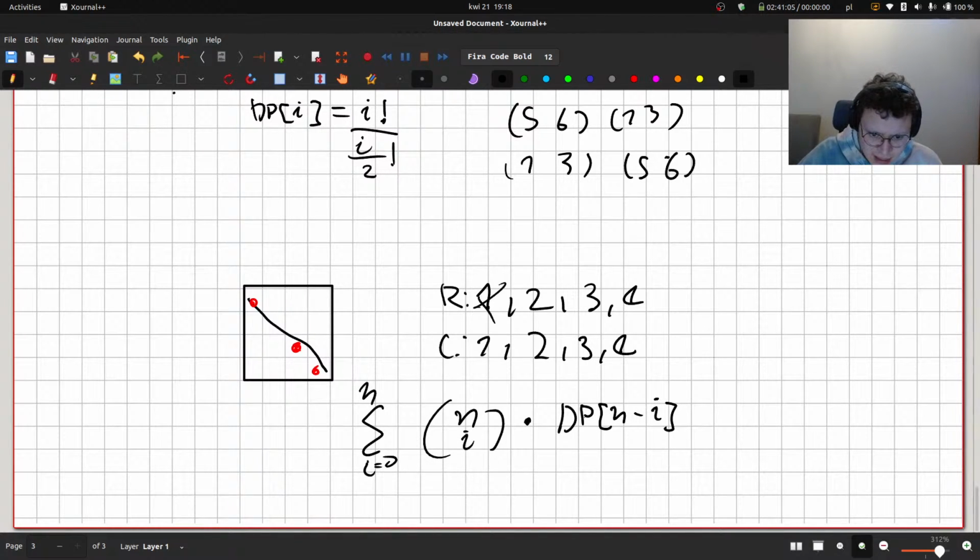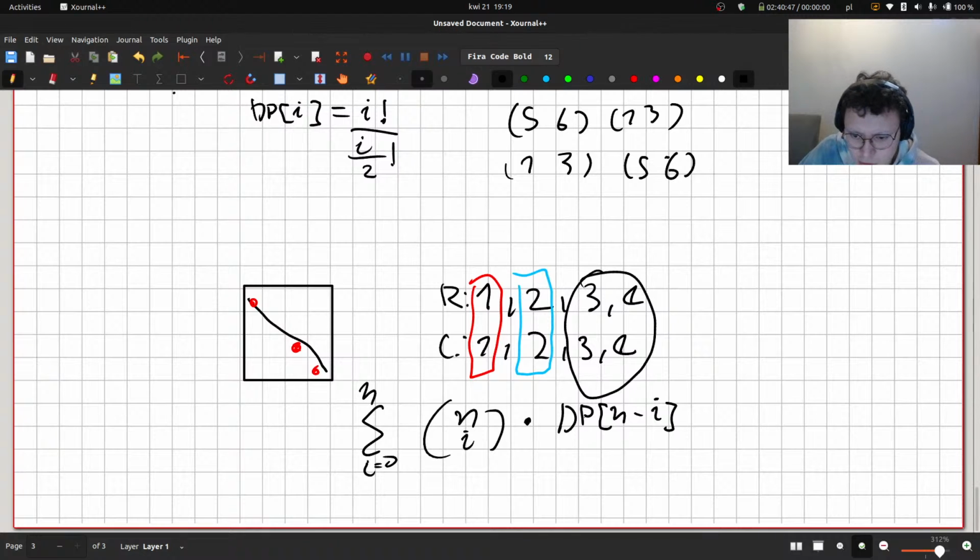So for the other guys, let's say that we put those guys on the diagonal. And now we want to calculate the number of pairs that we can divide the rest into, right?